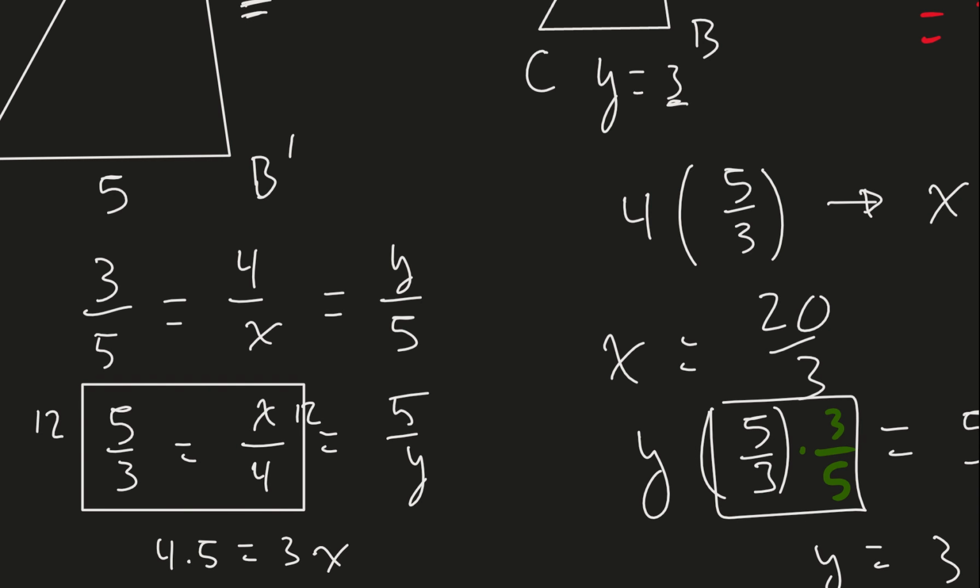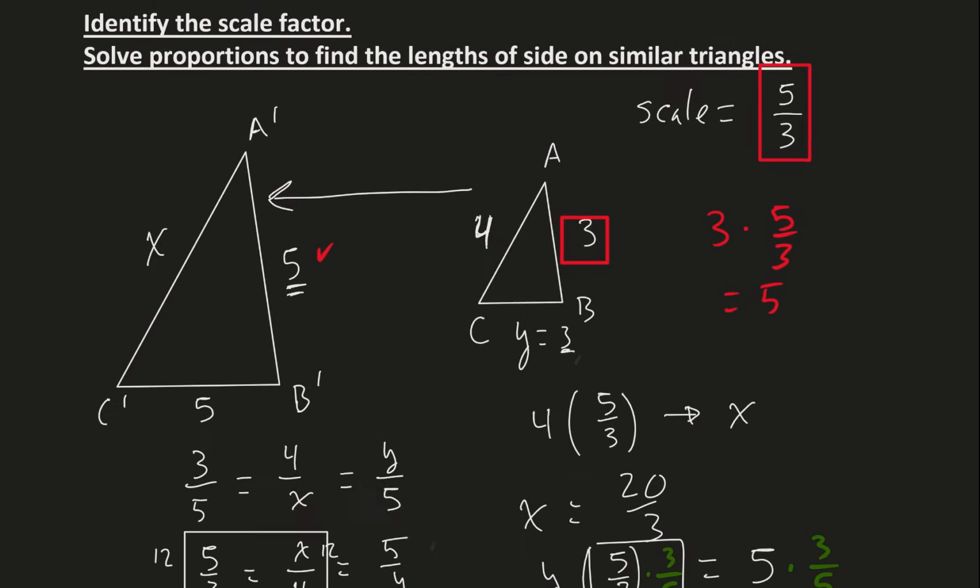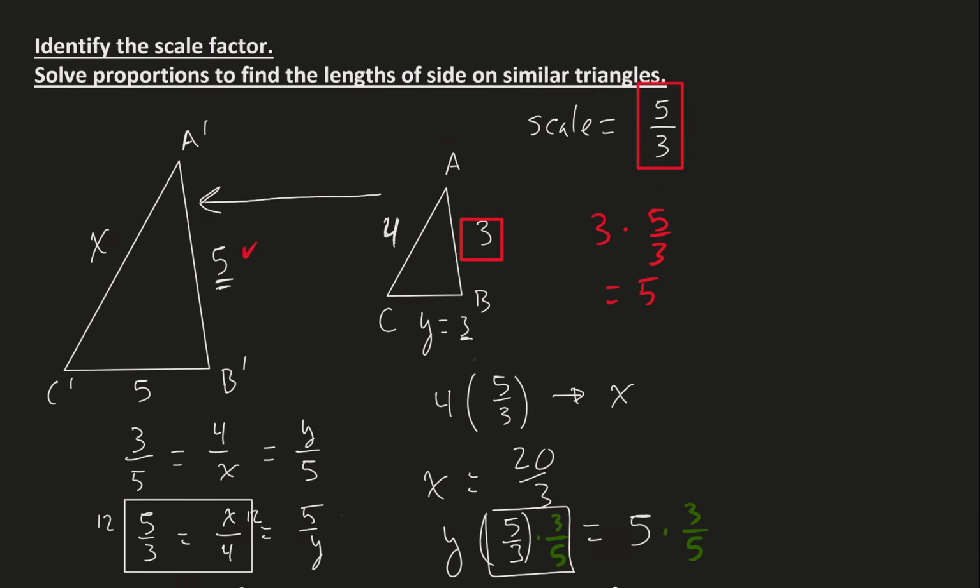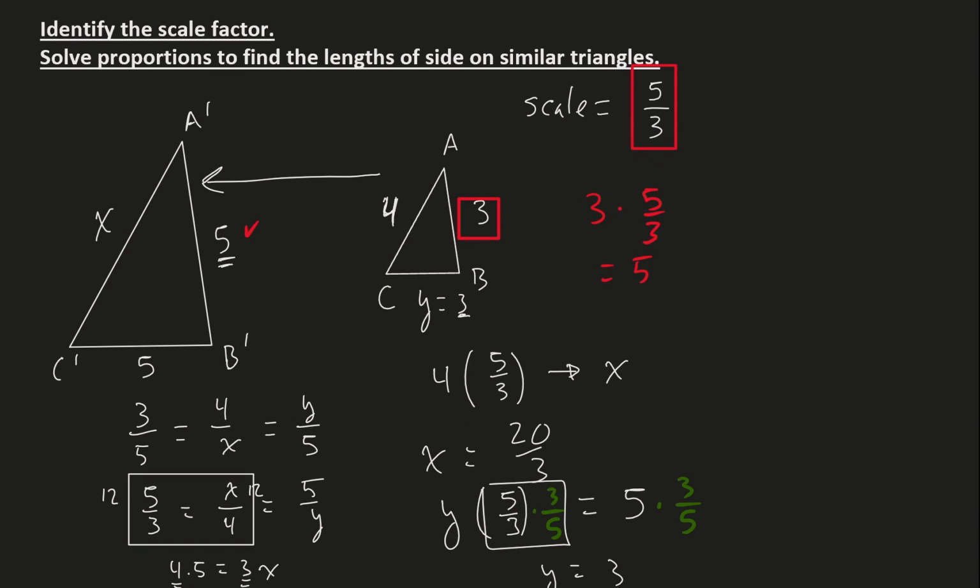On the left hand side, 12 divided by 3 was 4. That's why I got a 4 here. And on the other side, 12 divided by 4 is 3. That's why I have a 3 here. So you can see that x is 20/3. So that's another way you can do it. You can find the scale factor and then use it to move from the original to the new, or you can identify the proportions and solve those to figure out missing side lengths.